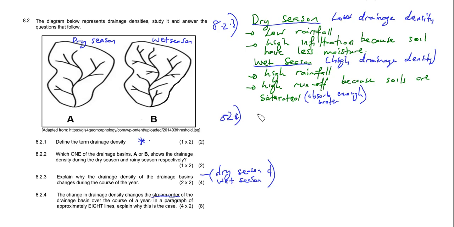So we're just explaining the same thing here. During the dry season, what do we have? We've got low rainfall, high infiltration.